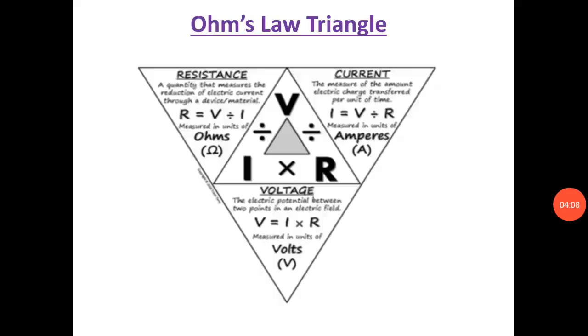If you want to identify the current I, it will be V divided by R. If you want to identify the resistance, it will be V divided by I. If you want to identify the voltage, V is equal to I into R. So we are going to see these three parameters: resistance, current, as well as voltage. By seeing this triangle, you can easily remember and solve it.